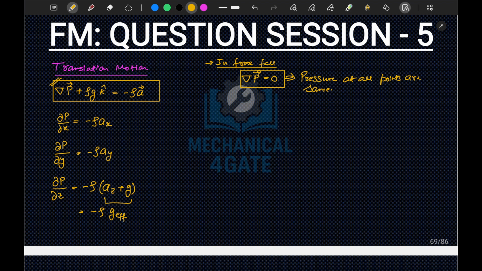Now if I talk about the slope in case of 2D, for acceleration in a straight line path, we write p is equal to a function of x comma z.